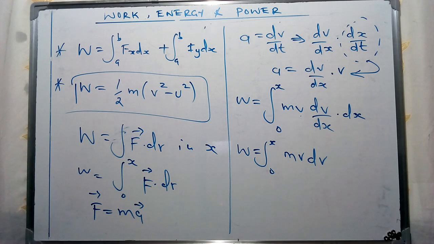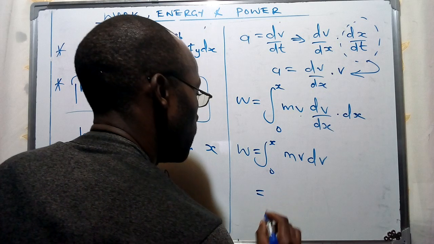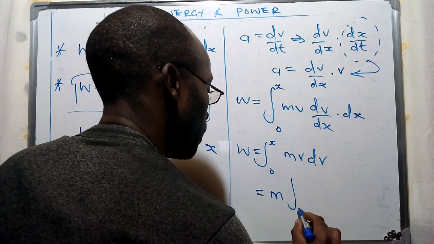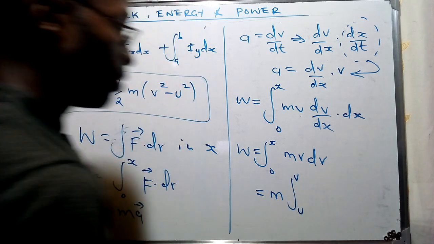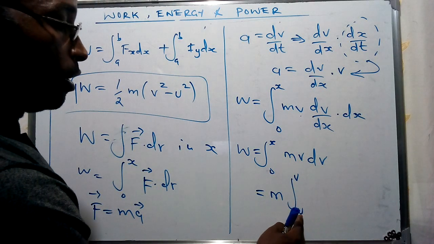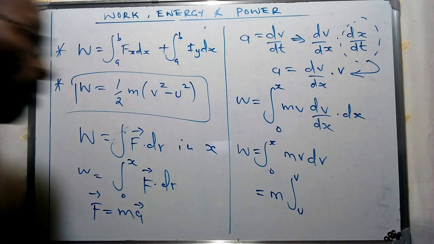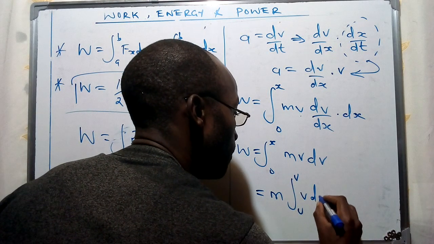So if we consider the change in this aspect of velocity, we're going to integrate with respect to velocity. If we consider the change in velocity from the initial to the final one, therefore this element of work is going to be given as, so mass is going to be constant. So according to the laws of integrals, we're going to take it out. So this is going to be the integral from the initial to the final velocity of v dv.